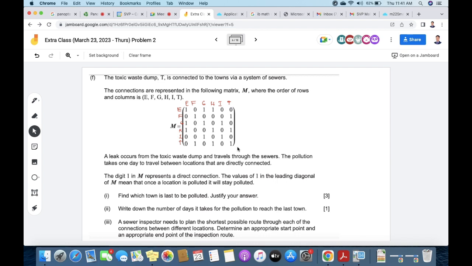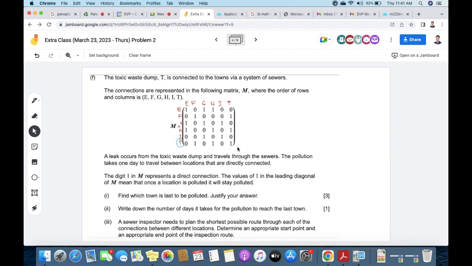So if everything starts from the sewer, sorry, from T, we need to find out the sewers connected to T. And we need to find out as well which sewer will be the last to be polluted.